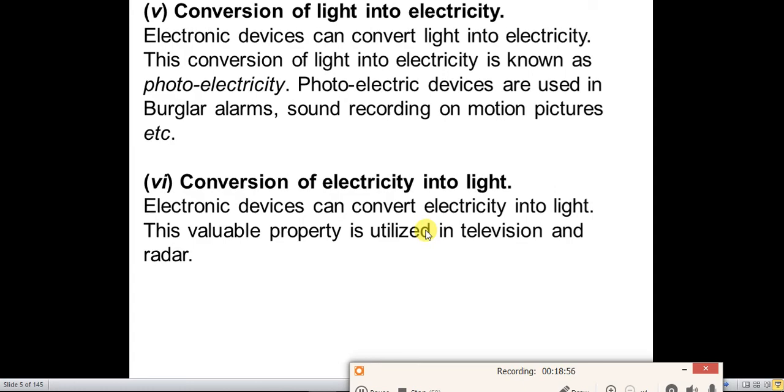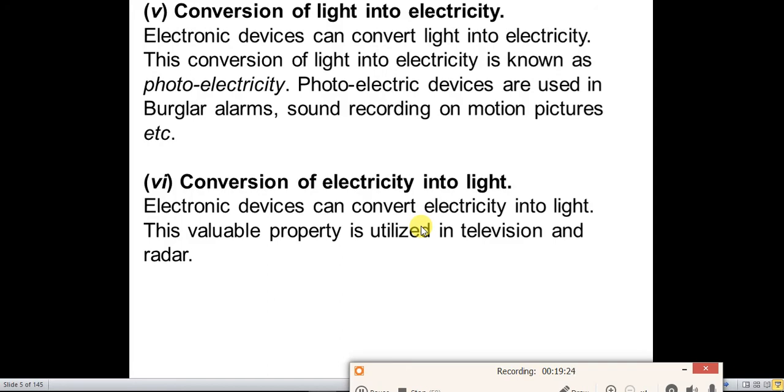There are many more applications of electronics. For example, all the hospitals and testing centers use electronic devices such as CT scan, MRI, X-ray machines, electroencephalogram, electrocardiogram.